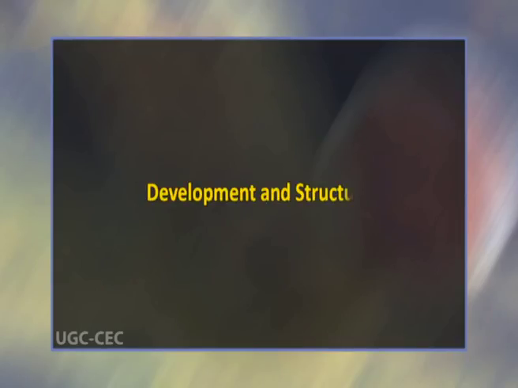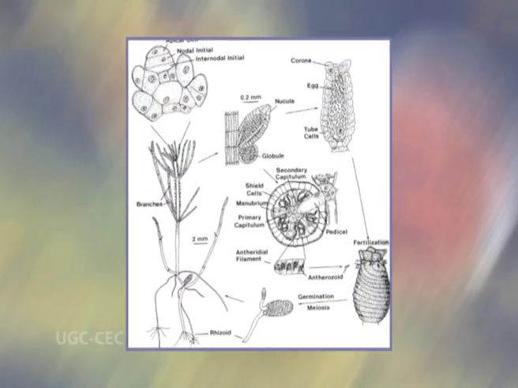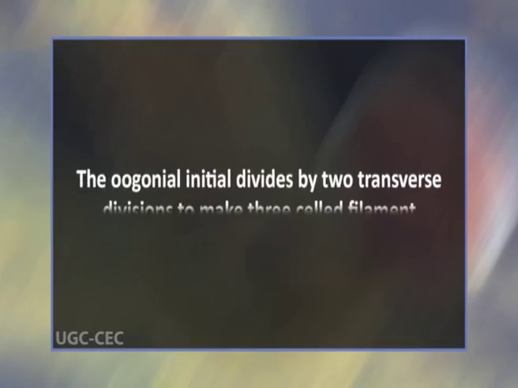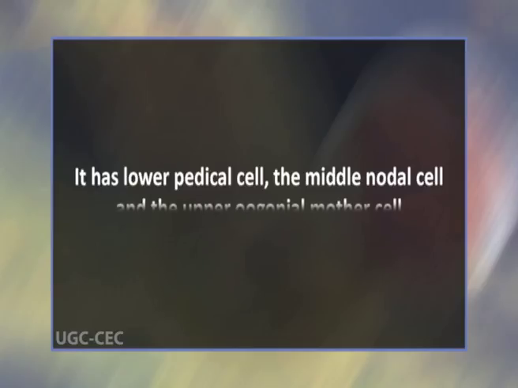Now, development and structure of the nucule. The upper peripheral cell of the basal node of the antheridium functions as the oogonial initial. The oogonial initial divides by 2 transverse divisions to make a 3-celled filament. It has a lower pedicel cell, a middle nodal cell, and an upper oogonial mother cell.